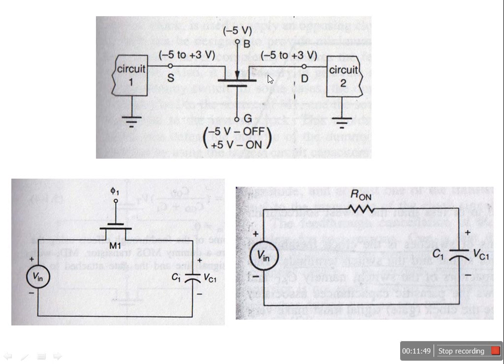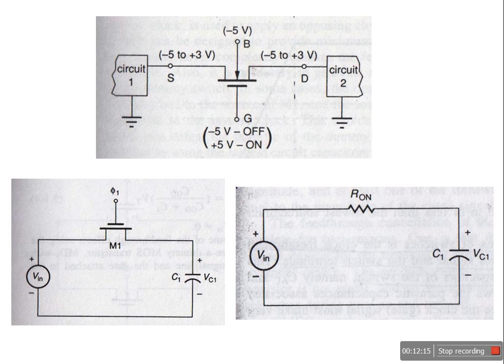Up to what value can this terminal achieve the voltage? Take an example that Vt is 2 volt. The threshold voltage is 2 volt. Now think up to what value the transistor will be on.